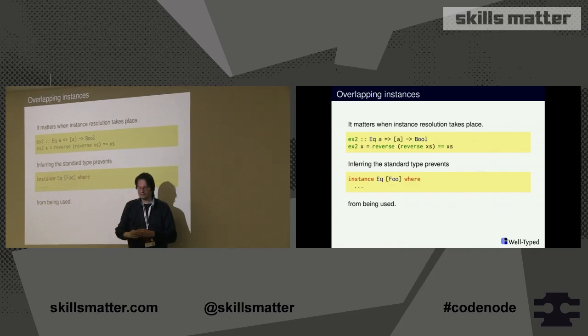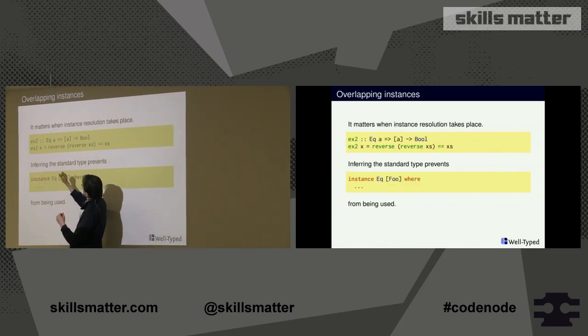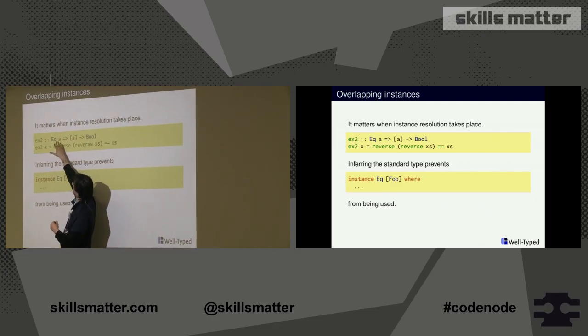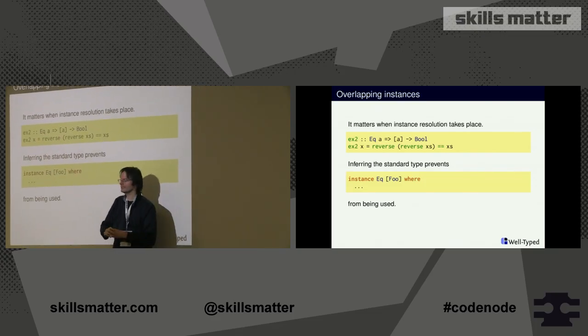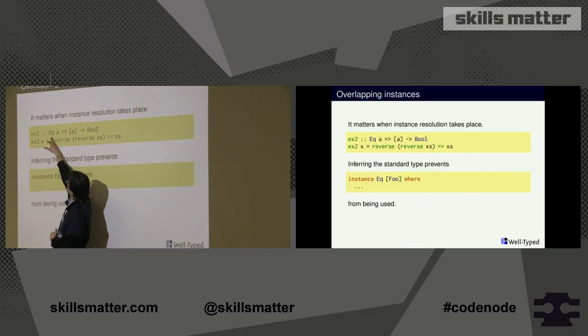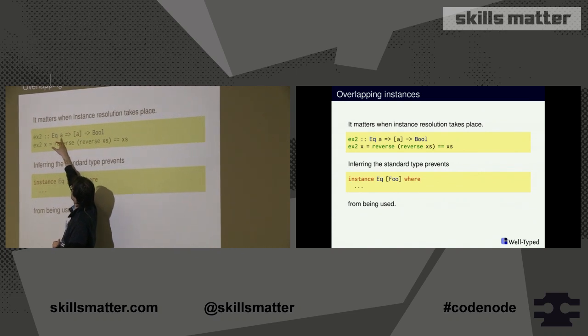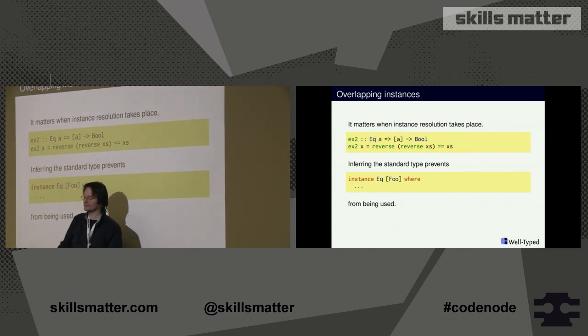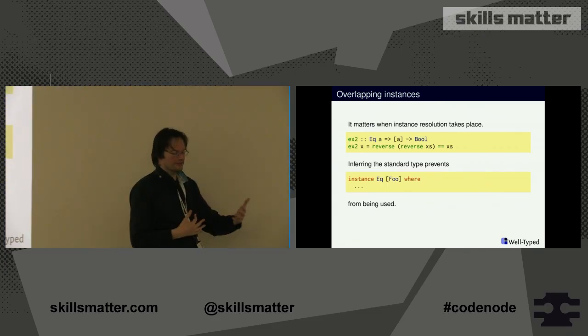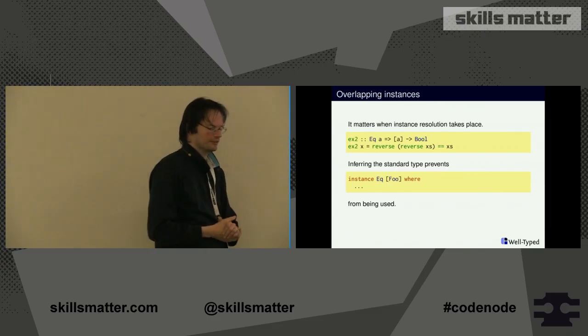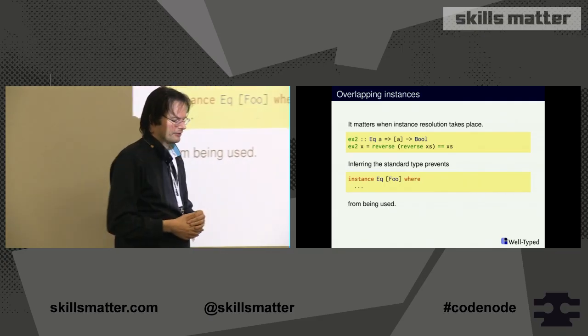Essentially, constraint kinds are just saying that constraints are not much different. So morally, you can look at the double arrow as another type level operator that takes something of kind constraint to the left and something of kind star to the right. And you can look at EQ as another type level operator that takes something of kind star and produces something of kind constraint. So all the things that correspond to dictionaries have this particular kind, and it gives you a way to talk about them.